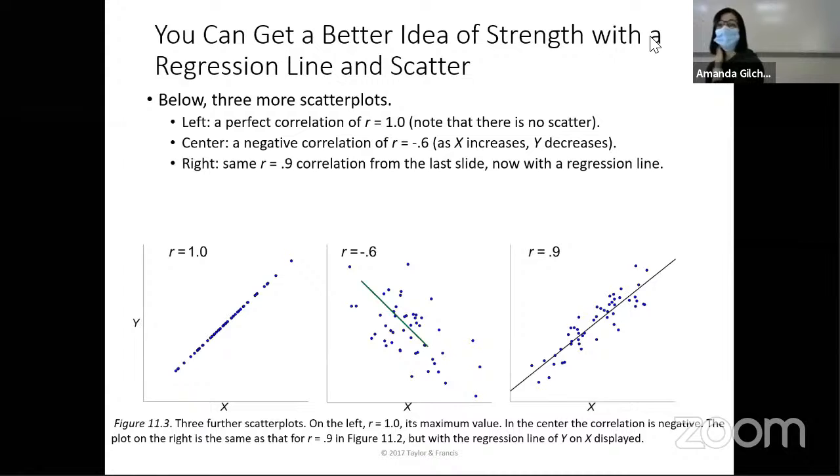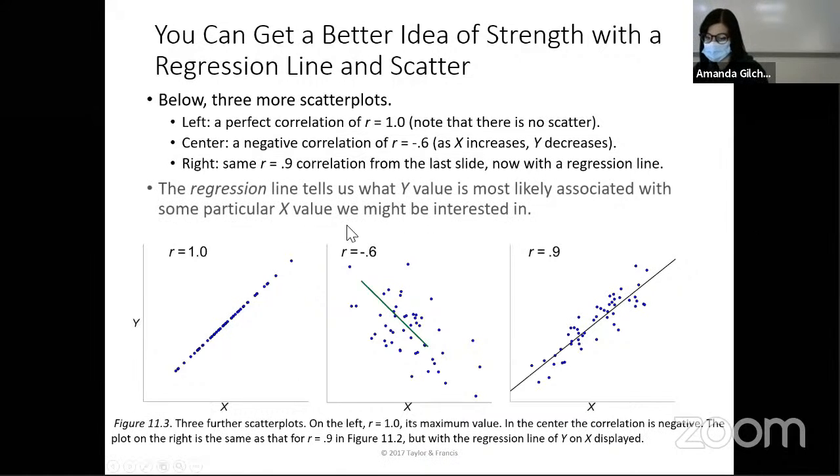I thought about whether or not I should teach you regression, but honestly, regression is based on correlation. This little line of best fit that I'm trying to draw and the one that's right here, these are regression lines. They help you make predictions based on correlational data. The regression line tells us what Y value is most likely associated with some X value that we would be interested in.